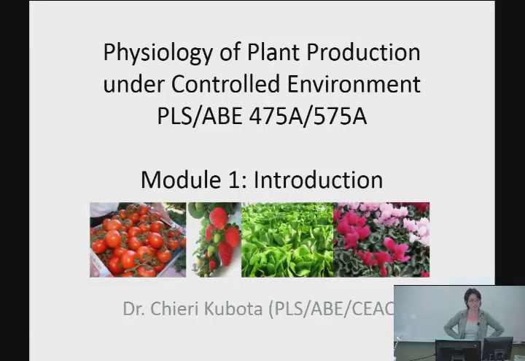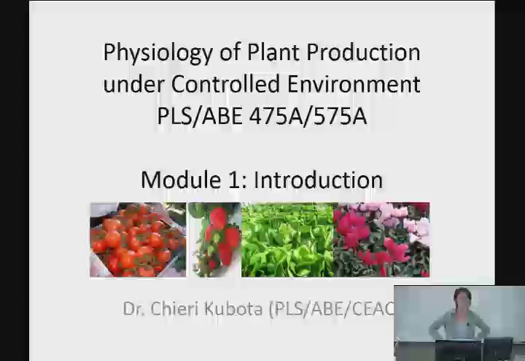Welcome to my course, Plant Science 475, 575, and also cross-listed with ABE, Ag Biosystems Engineering. So some of you are taking the Ag Engineering course, and some of you may be taking the Plant Sciences course. I have, in my record, a total of 32 students, including undergraduate and graduate level.